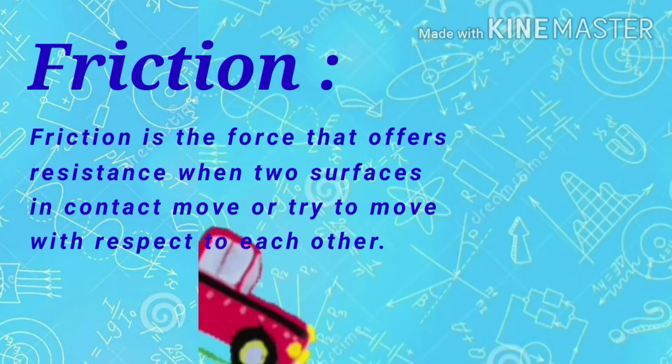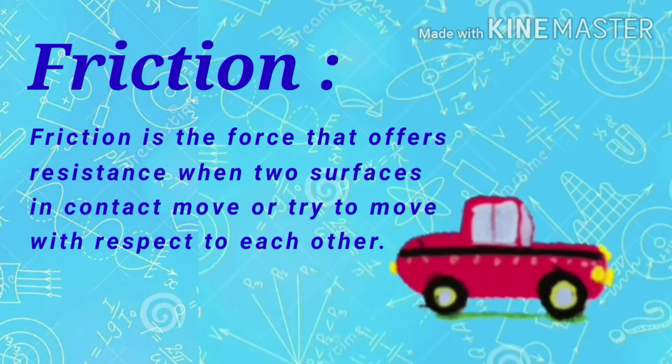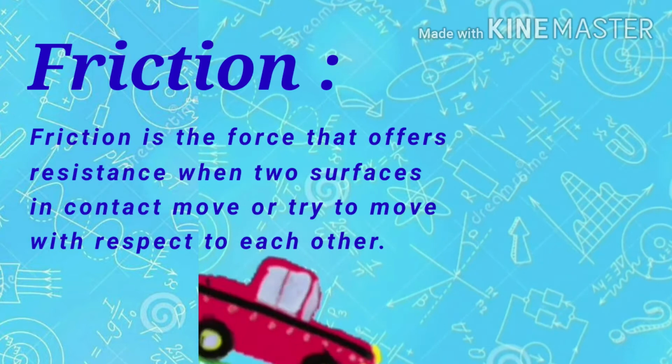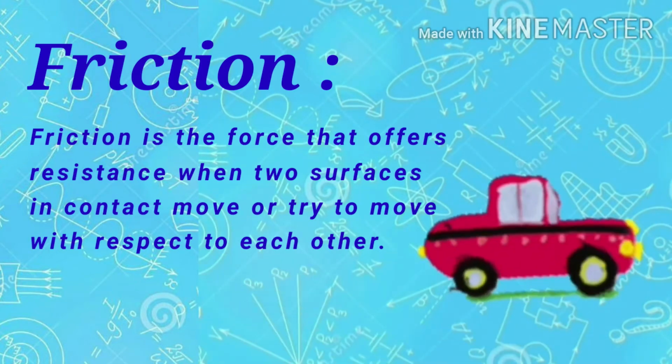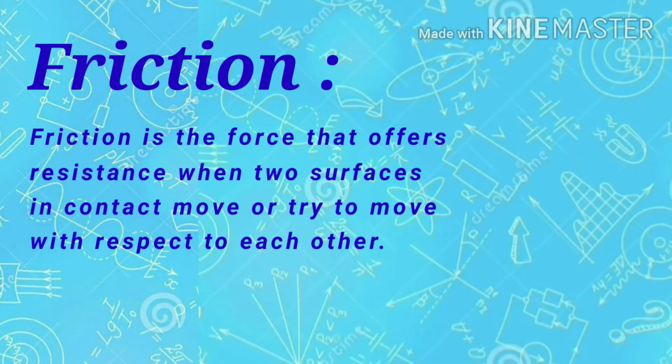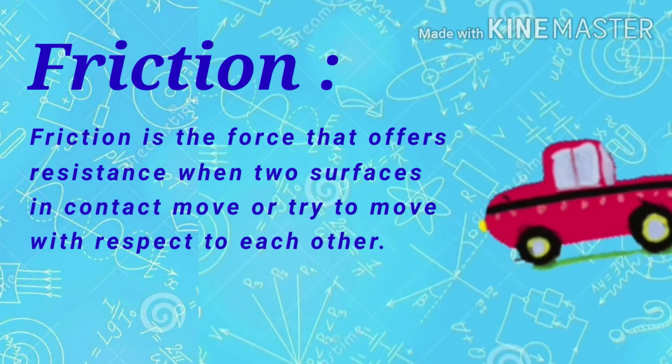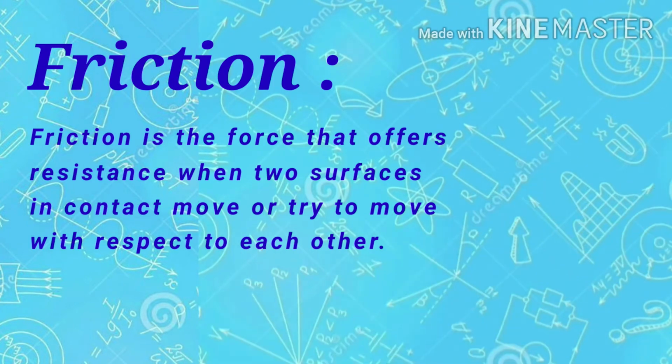Friction is a force that opposes resistance when two surfaces in contact move or try to move with respect to each other. ये फ्रिक्शन कोई भी मूविंग ऑब्जेक्ट के मोशन को अपोज करता है, उसे हम फ्रिक्शन कहते हैं. जब भी कोई ऑब्जेक्ट मूव करता है तो ये फ्रिक्शनल फोर्स ऑपोजिट डायरेक्शन में एक्ट करता है और ऑब्जेक्ट की मूवमेंट को स्टॉप करने की कोशिश करता है. सो ये टाइप के फोर्स को हम फ्रिक्शन कहते हैं.